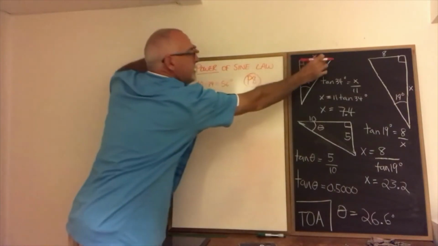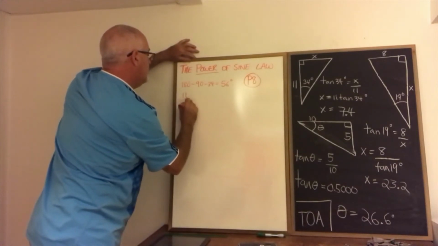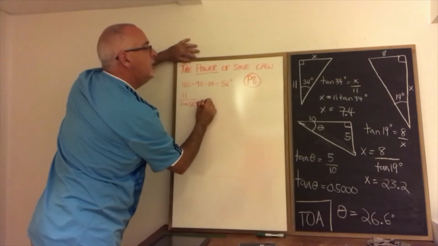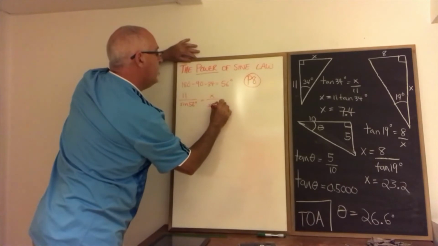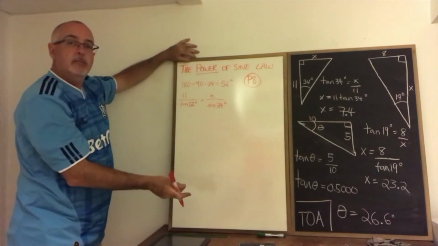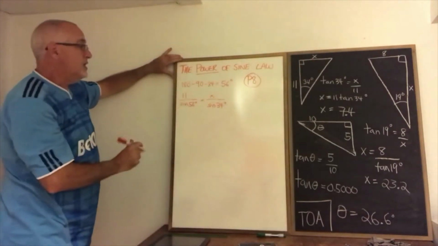Then, knowing that this is 56 degrees, 11 over sine 56 is equal to x over sine 34. Notice though, I'm not using the sine of 90. I'm not using the hypotenuse or the 90-degree angle, but I'm still using sine law.